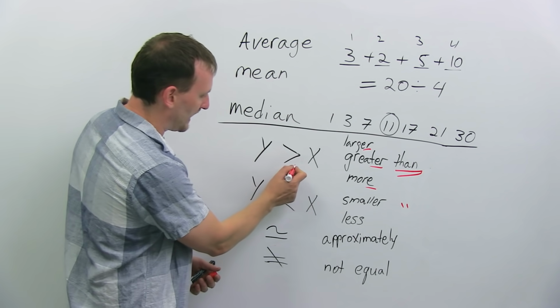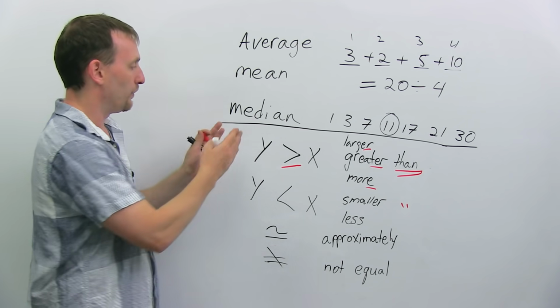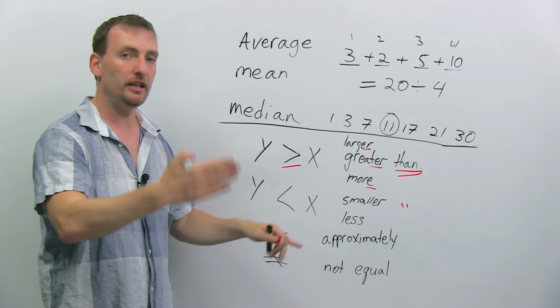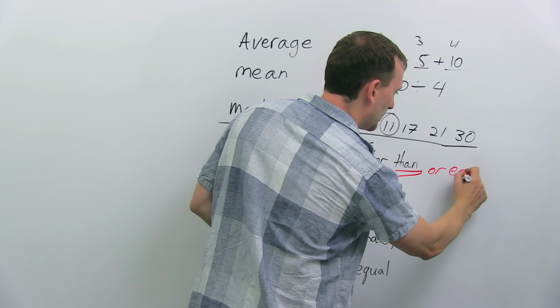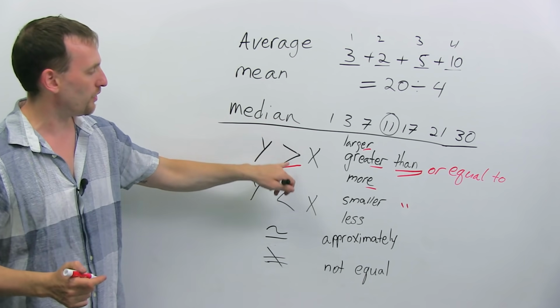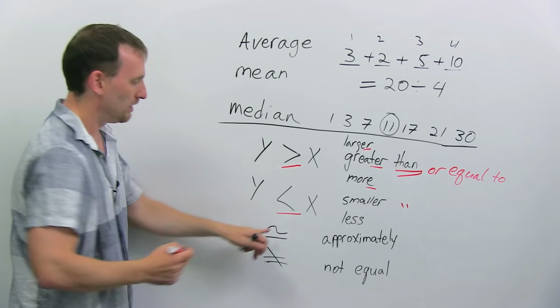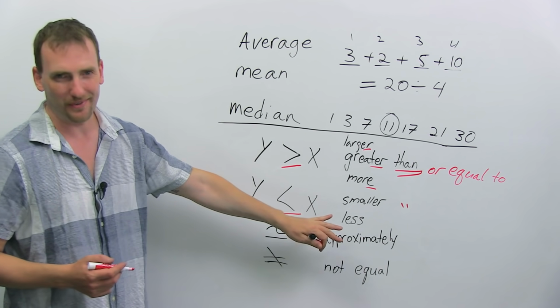Now, sometimes you might see these symbols with a line underneath, in which case y is greater than or equal to x, okay? Y is greater than or equal to x. Y is less than or equal to x.